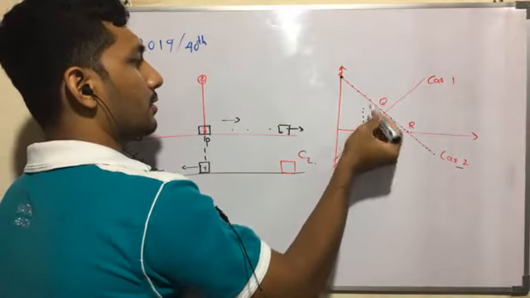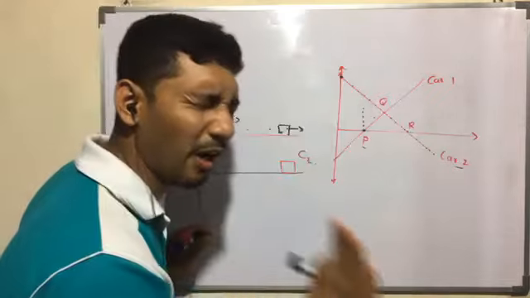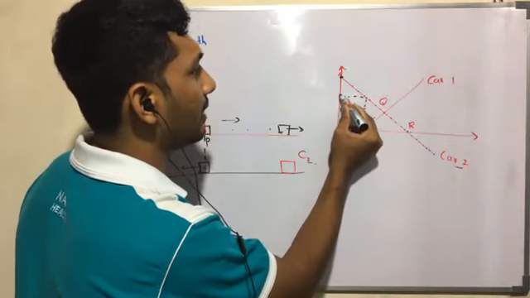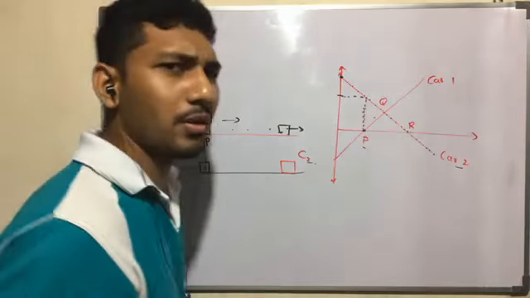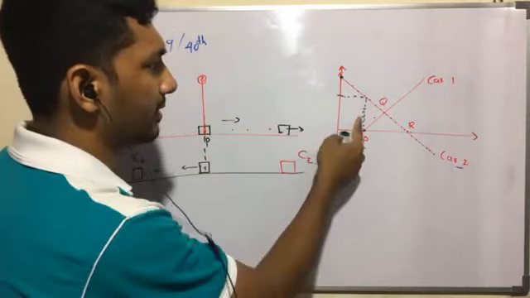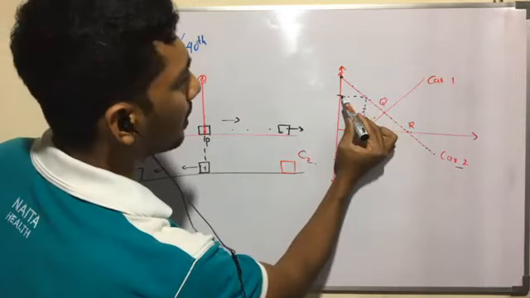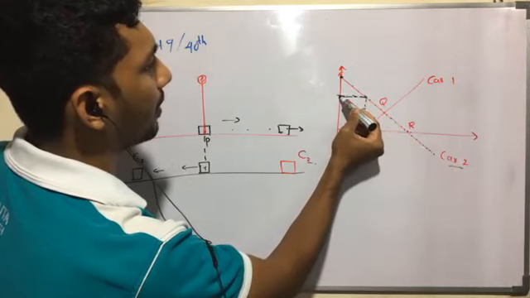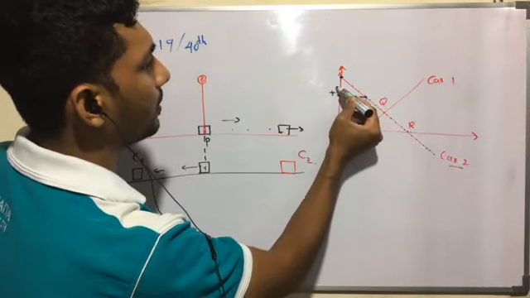What about car 2? At the same time, according to the graph, it has a positive displacement.